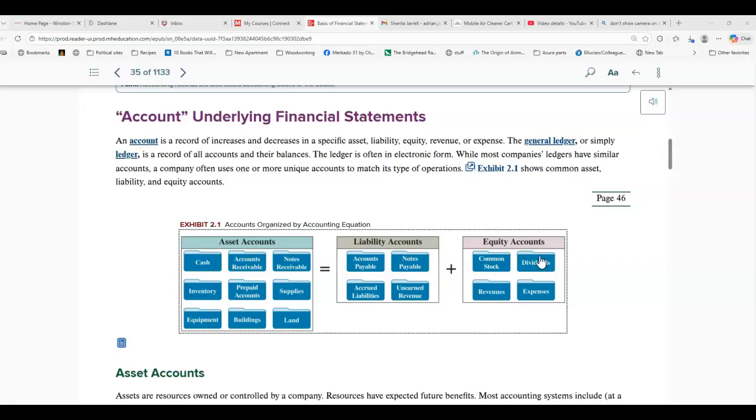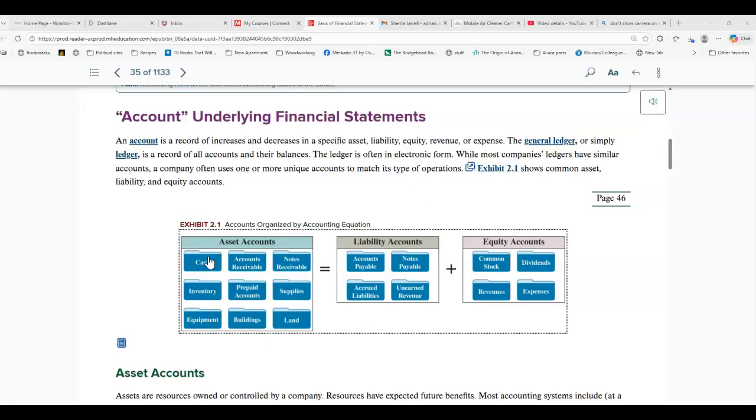Dividends would be increased on the left side or debit side of the entry, opposite of the other equity accounts. Whenever you increase a dividend, as we know, dividends are subtracted from equity, so we're going to increase dividends with a debit entry. Cash would be credited for $1,000, dividends would be debited for $1,000. Cash would receive the entry on the right side, dividends would receive it on the left side.